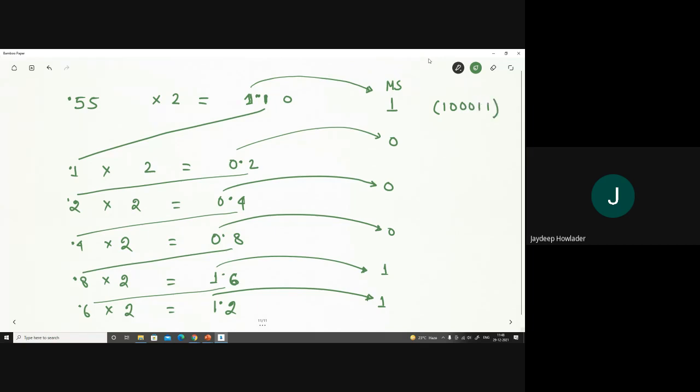Understand? Clear? So what I am basically doing is shifting the position. Previously, I was computing in this way: 0.5, 0.25, 0.125, and so on. Now I am basically multiplying, shifting the number by multiplying by 2.